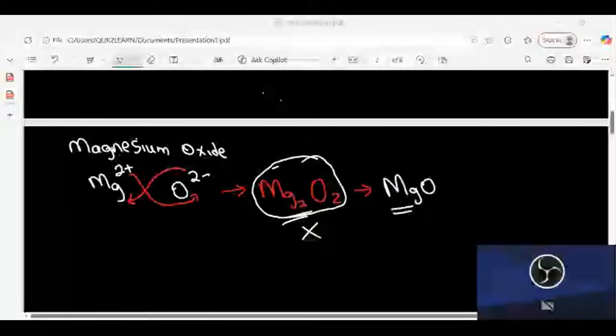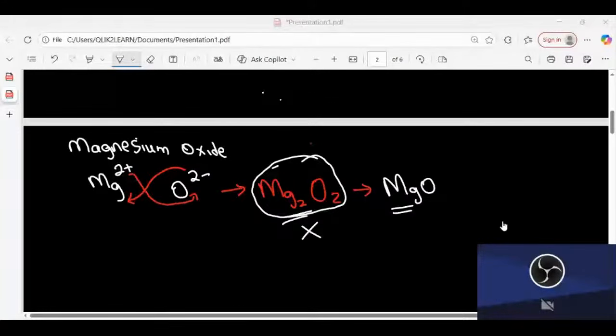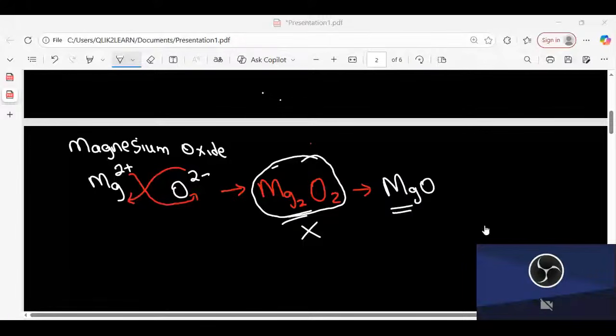Is that making sense, guys? Please confirm if you understand. Why do we say 2 minus instead of minus 2? Come on, guys. This is the physics law. The charge always comes after. You don't say plus 2, it's always 2 minus. So every time the numbers are the same, you don't write them.